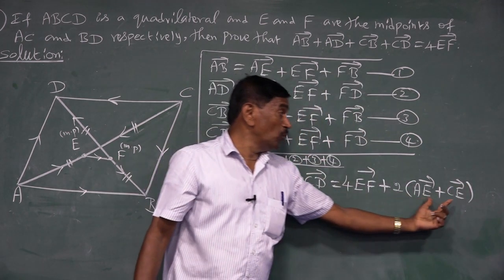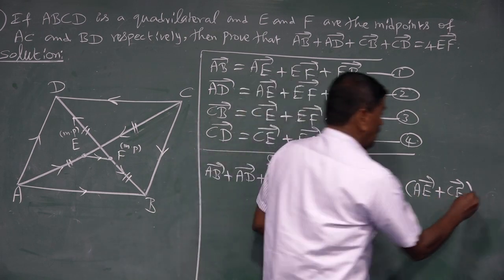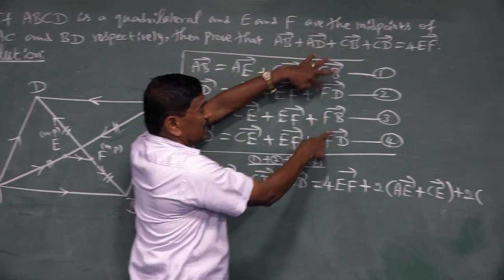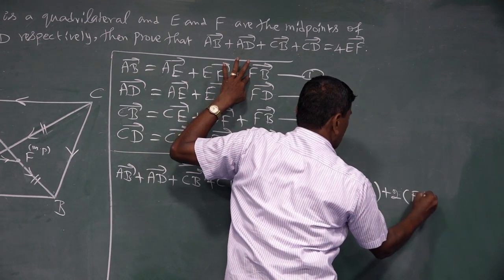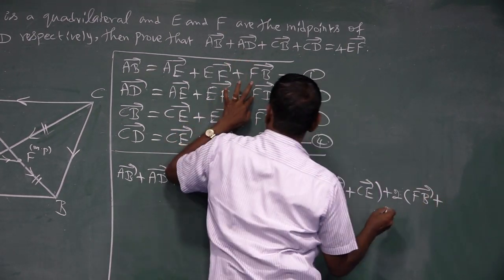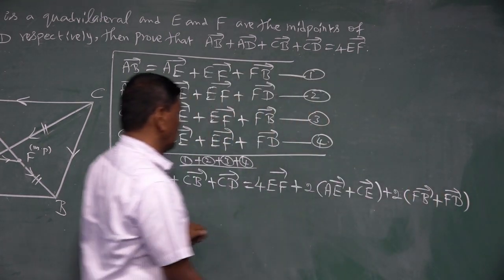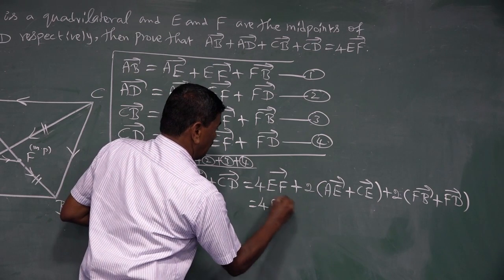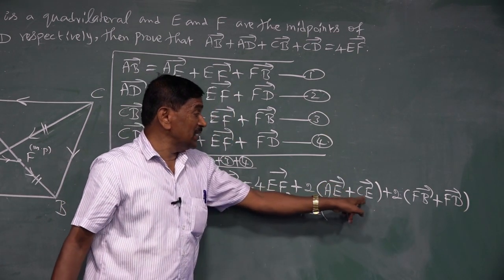Why? Because we are grouping these two as one group. Yes, E is the common point. That is important. Plus twice of FB vector and FD vector, so these two are one group: FB vector plus FD vector. Which is equal to 4 times EF vector plus twice of AE vector plus CE vector.